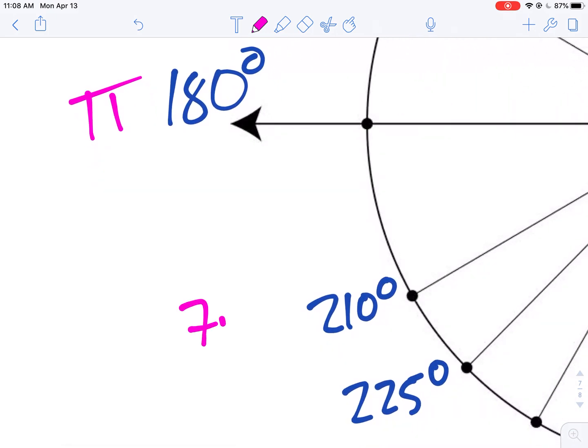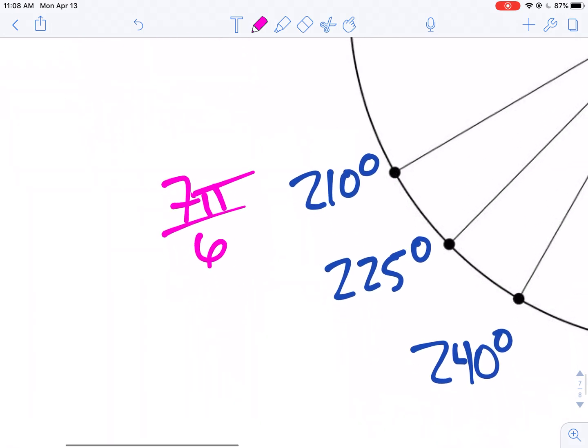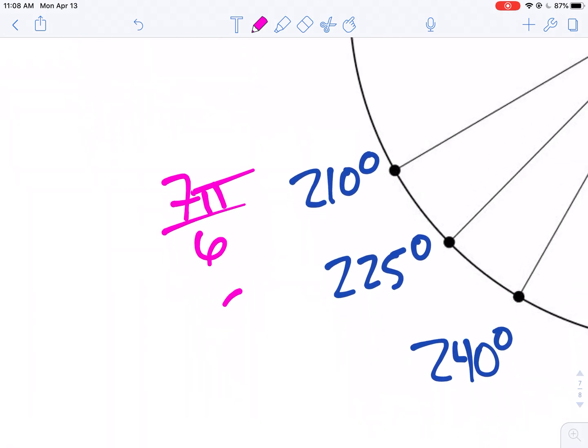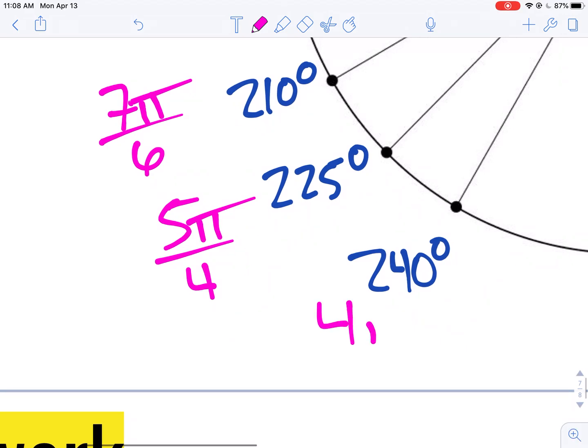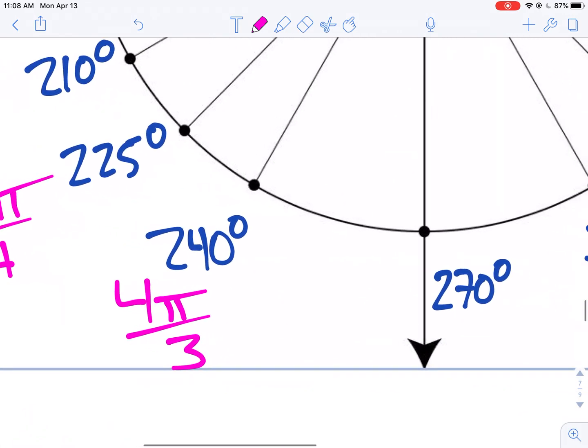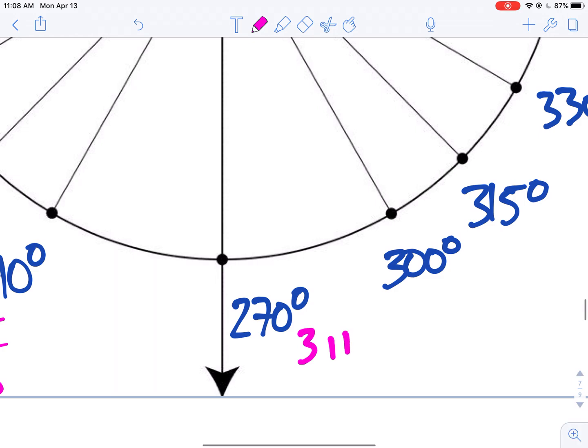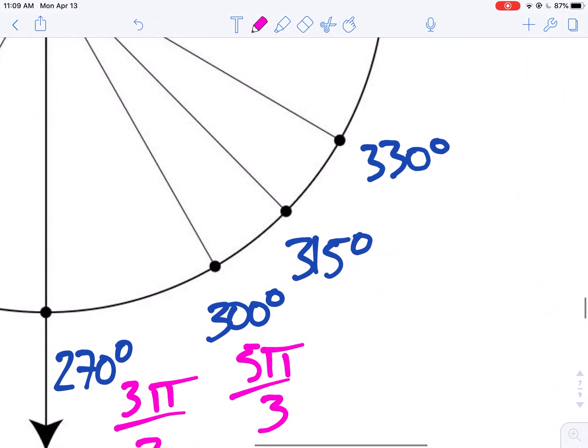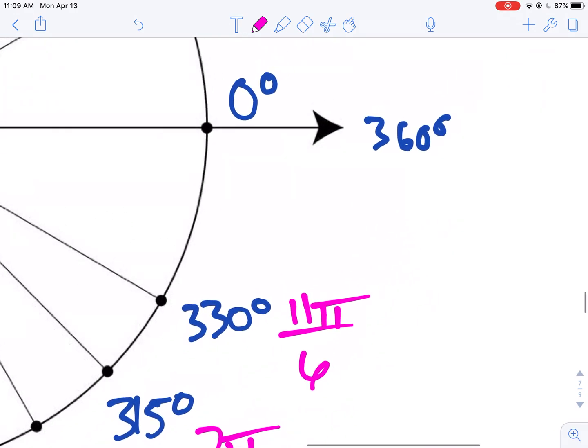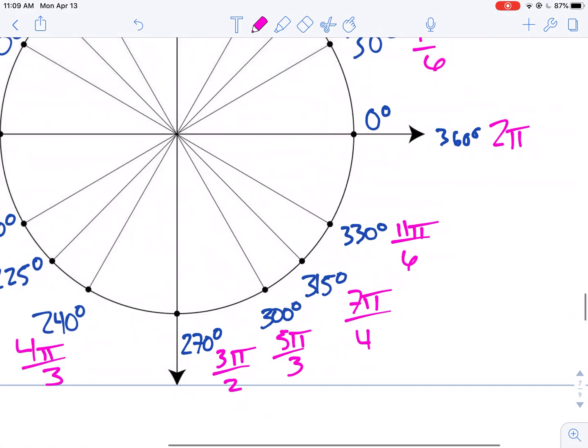Down here, I've got 7 pi over 6, 5 pi over 4, 4 pi over 3, 3 pi over 2, 5 pi over 3, 7 pi over 4, 11 pi over 6, and then 2 pi, which we learned last week was a full revolution.